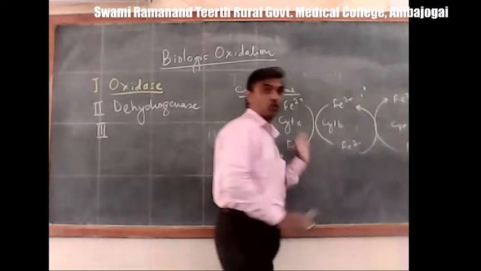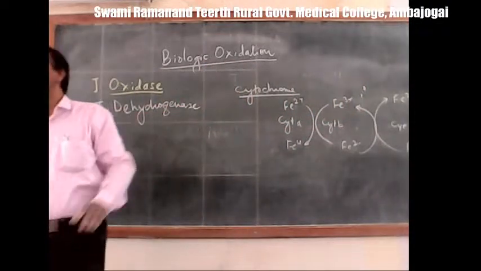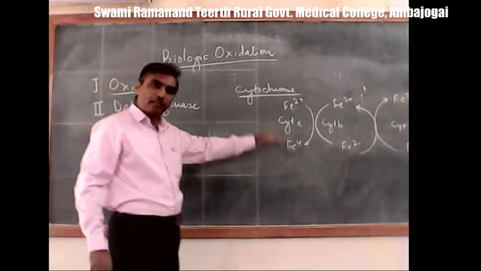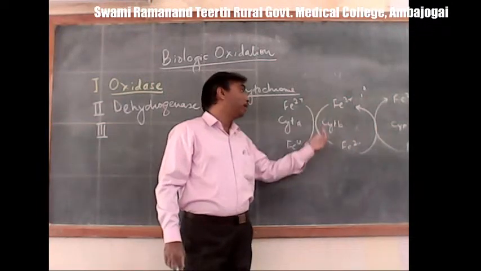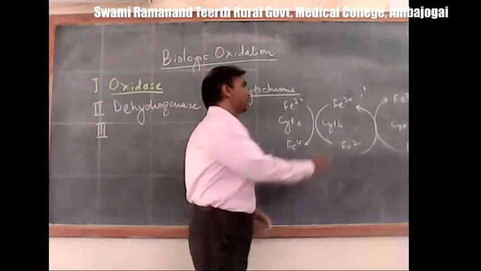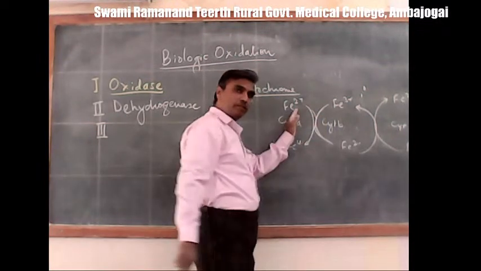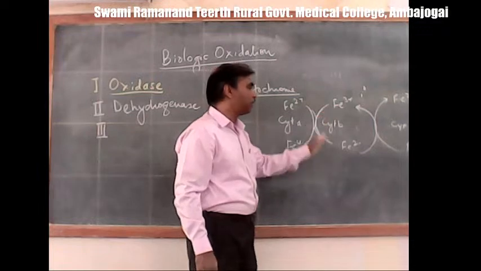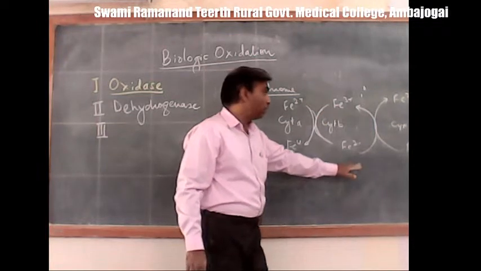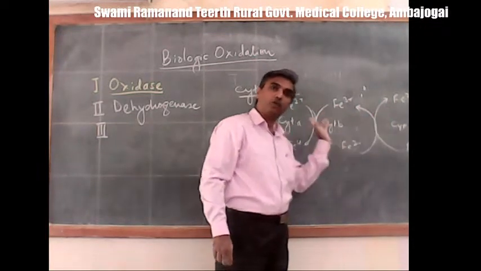Likewise, this goes on. So cytochromes, which oscillate in the ferric ferrous form by donating or accepting electrons, are coupled reactions. See, when one cytochrome is oxidized, another is reduced. Reduction, oxidation, reduction.